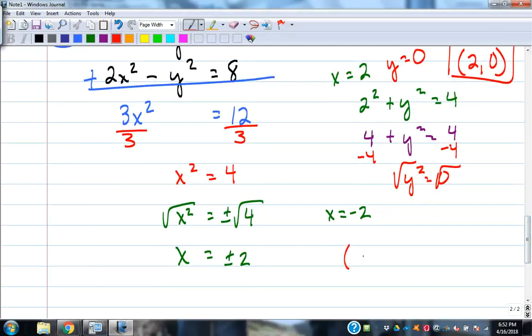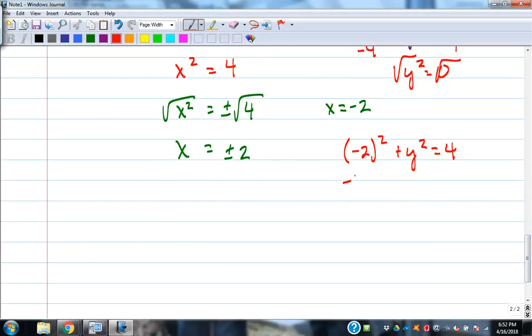If I do the same thing for negative 2, so that'd be 4 plus y squared equal to 4. Subtract 4, and there's y squared equals 0. Again, y is equal to 0.